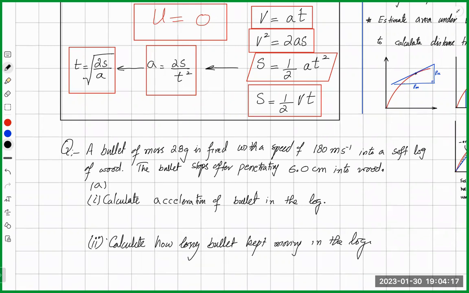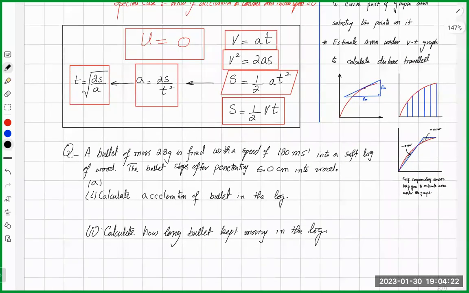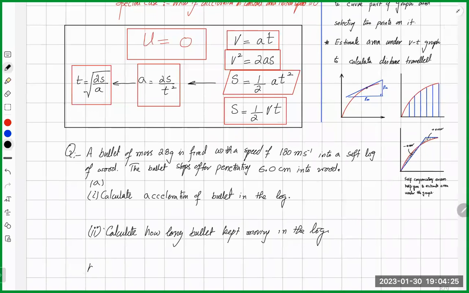For the time for which the bullet was in motion, we have to calculate that time. And the B part is: describe or list any assumption if you made one.